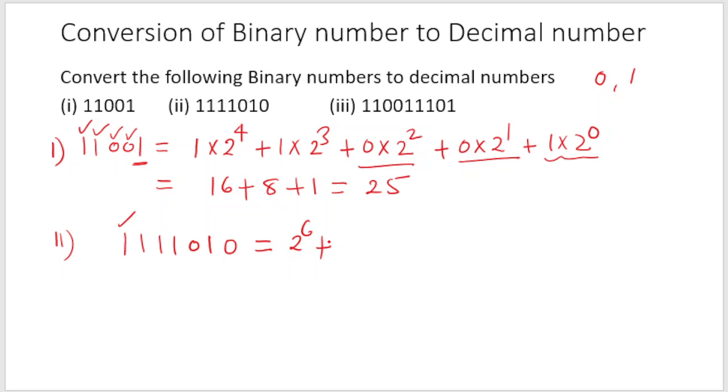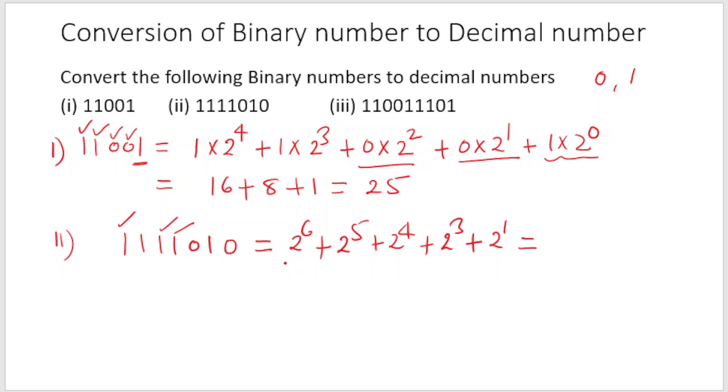Then for this one I can write 2 to the power 5, for this one 2 to the power 4, and for the next one 2 to the power 3, and plus. Now this is 0, so 0 into 2 to the power 2 you could write, but it is meaningless because 0 will not contribute anything, so it is better to just remove it. Then it is the second position, so I will multiply it by 2 to the power 1, and finally we have 0, so no need to write.